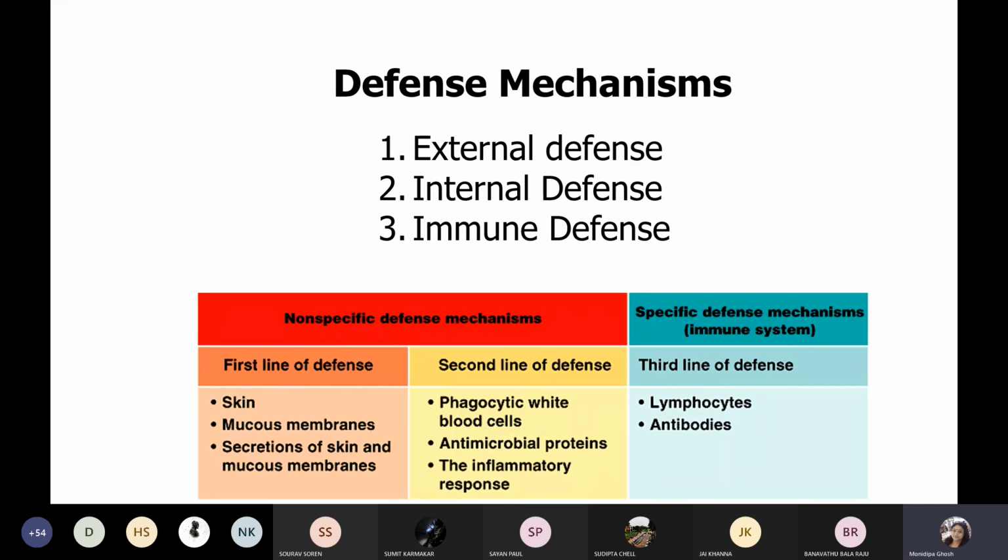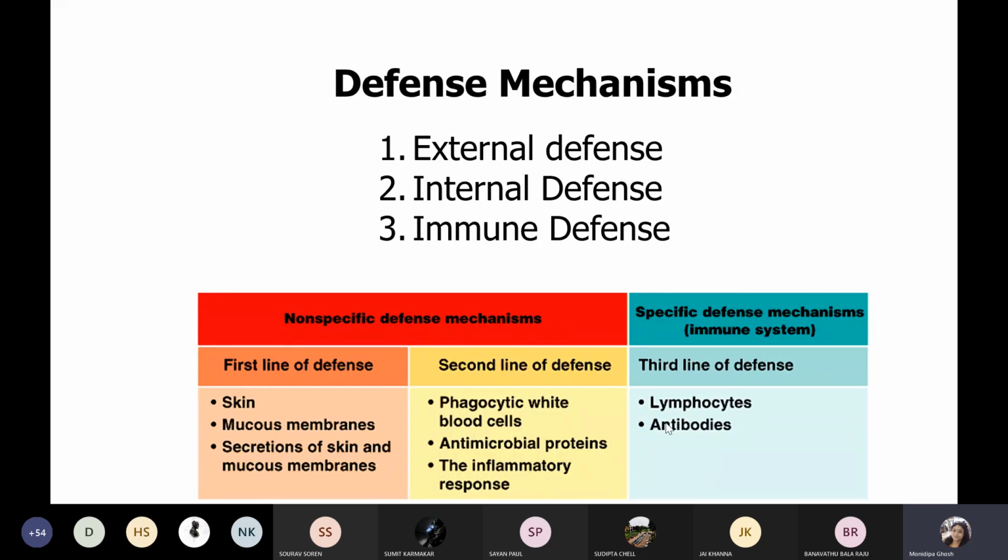Suppose you are just chewing the food and trying to swallow the food. If the food passage is not slippery, then it would create a very painful feeling for the host. So all the time the mucous membrane secretes something, the secretion, to facilitate this passage.